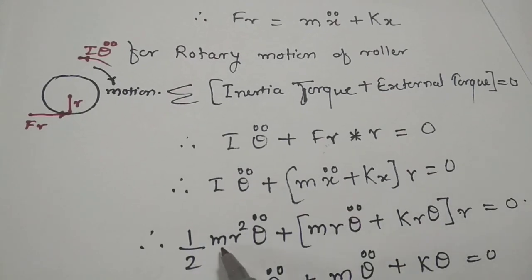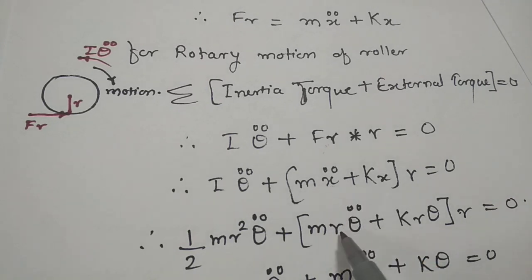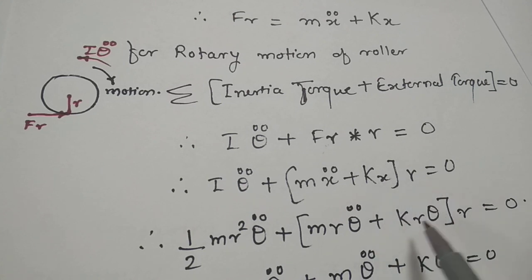1/2 m r square theta double dot plus m r theta double dot. This x double dot is replaced by r into theta double dot plus k r theta x is equal to r theta into r is equal to 0.